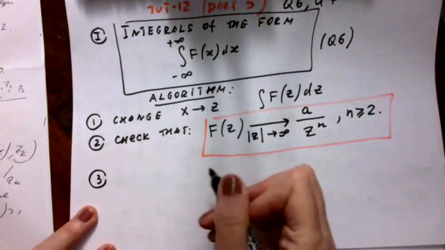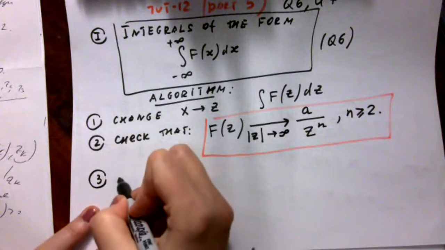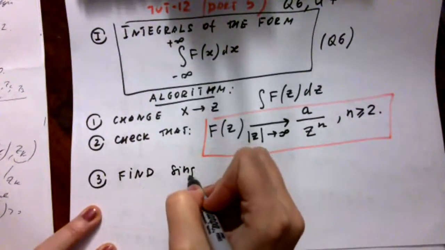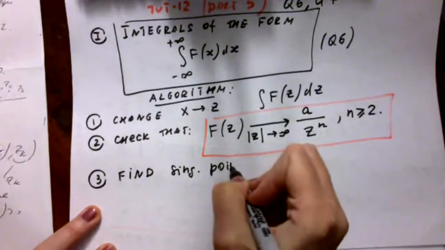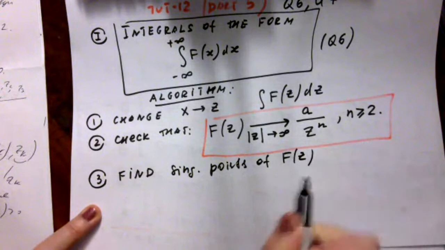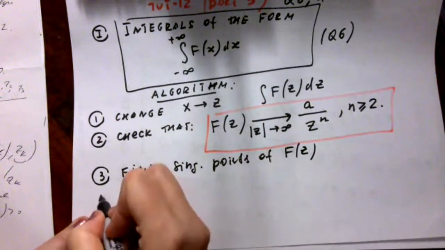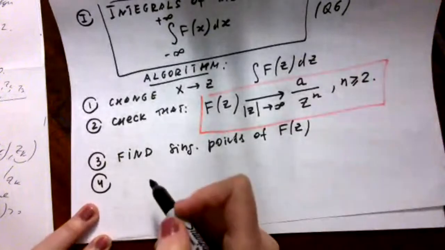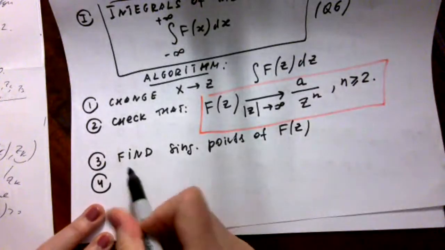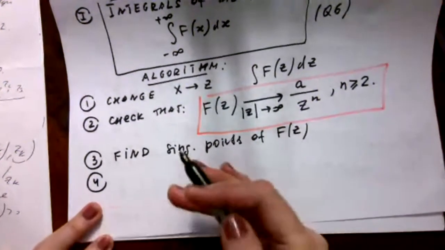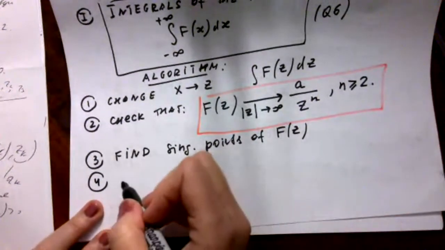So the next step after that will be find singularity points. Find singularity points of function f of z. This task is quite familiar to you. Hopefully you don't have any problems with that. Then you will get some number of singularity points, maybe 2, maybe 3, or maybe 1 sometimes.